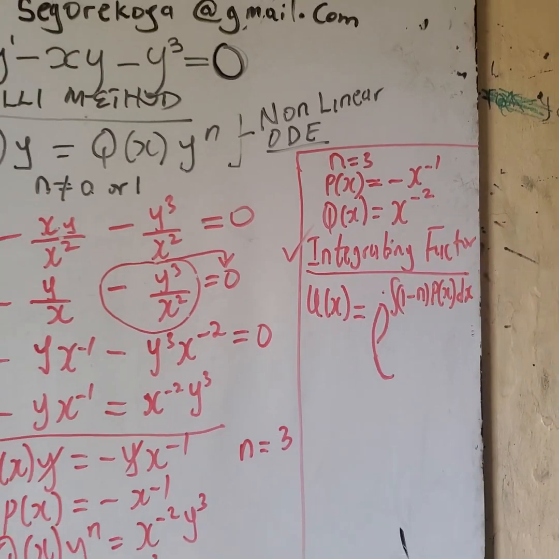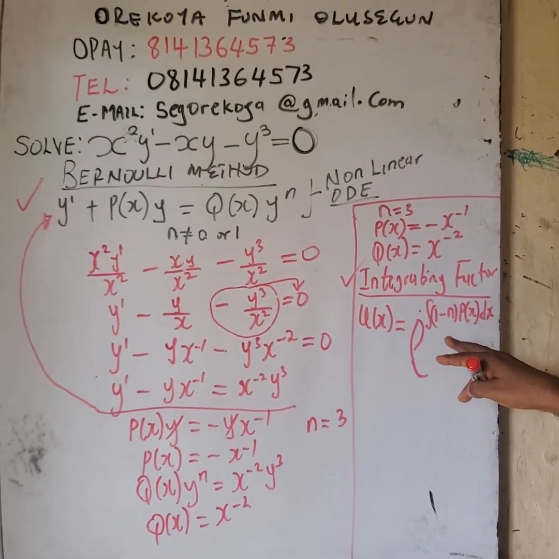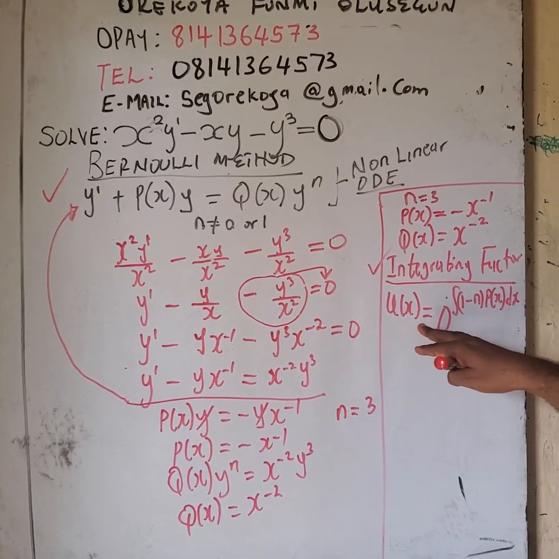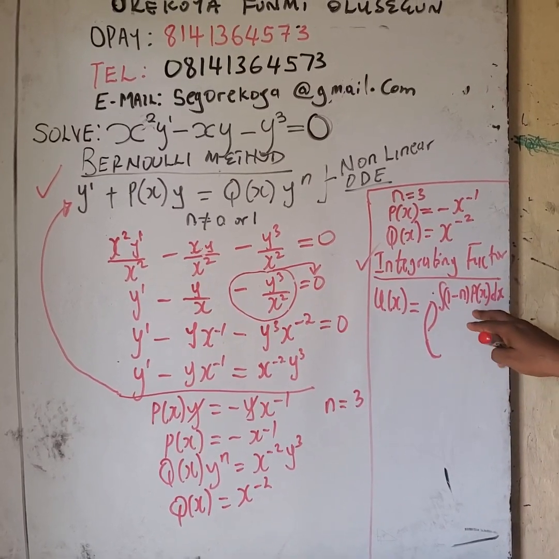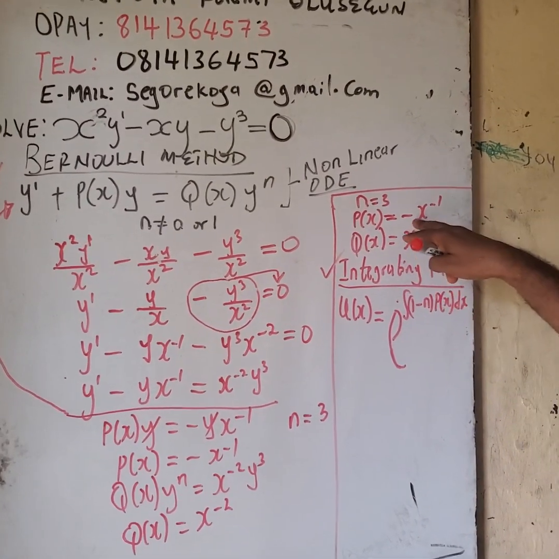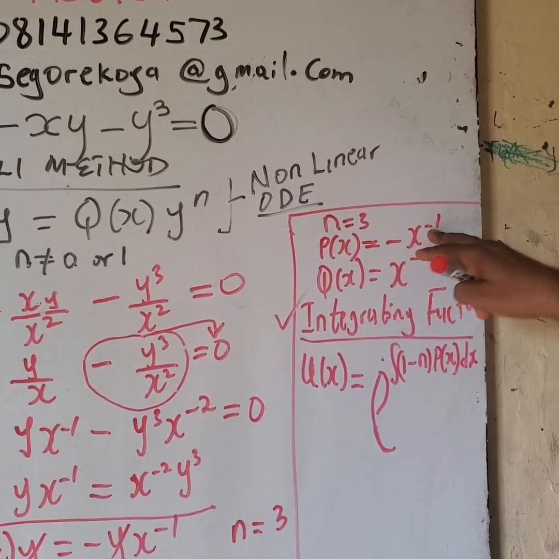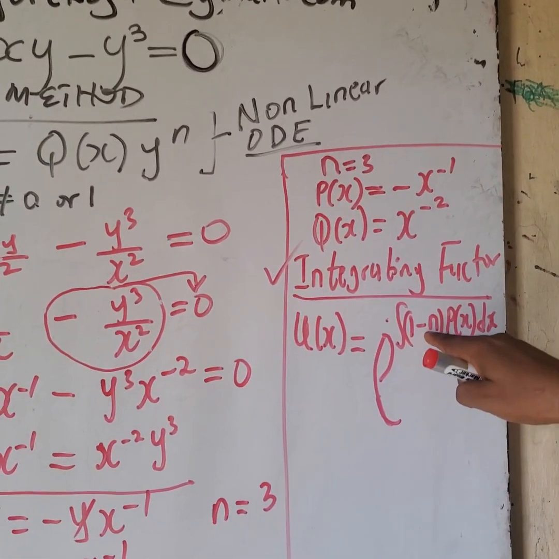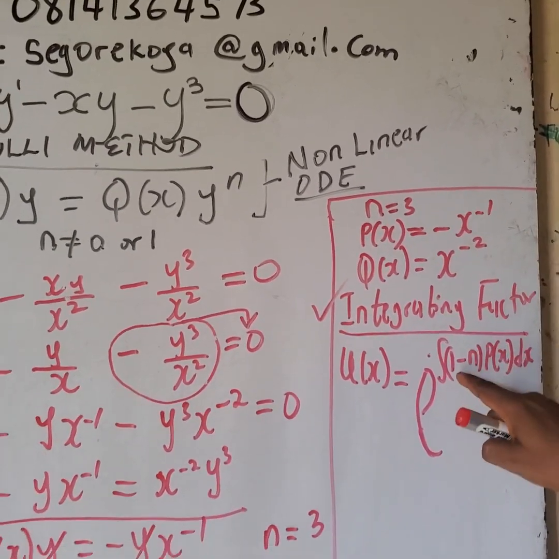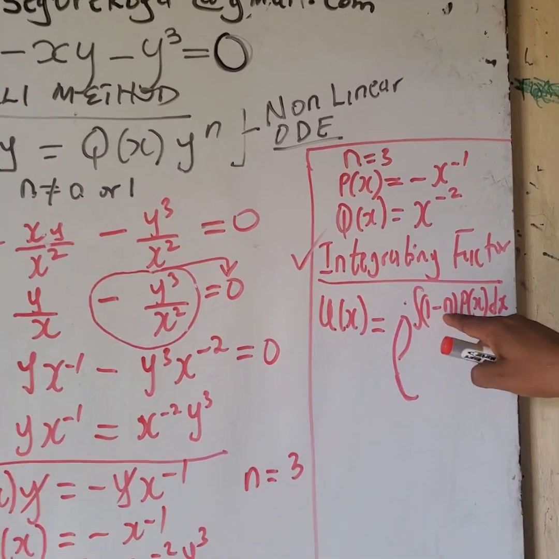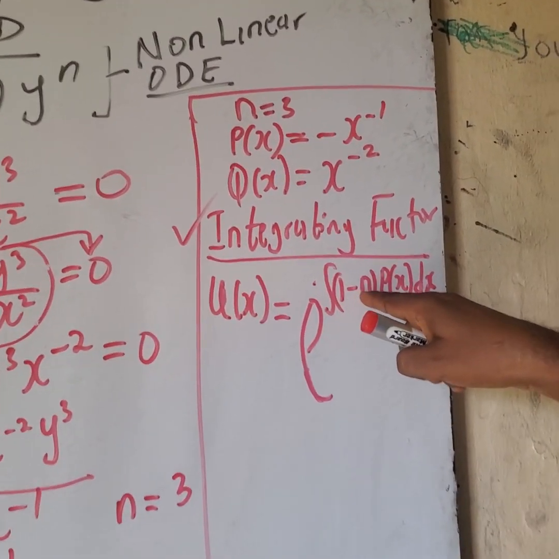So in this case, as you have seen here, our p of x we have already taken to be minus x raised to power minus 1. Then our n is already 3. So 1 minus 3 is minus 2.